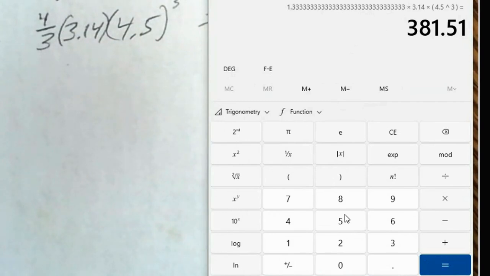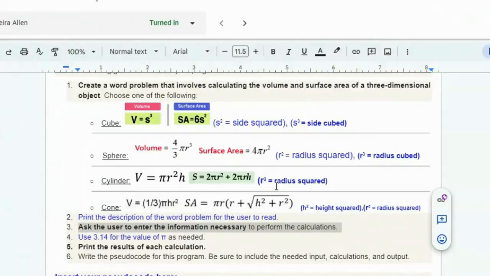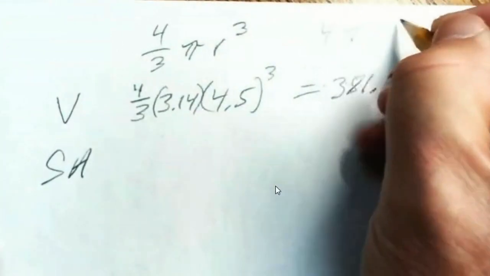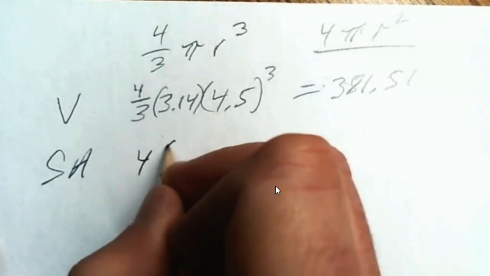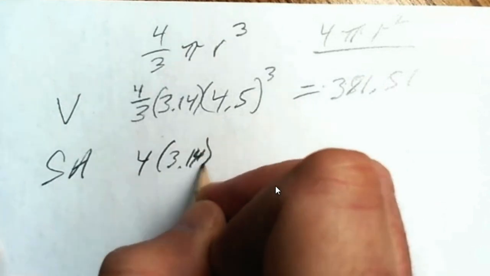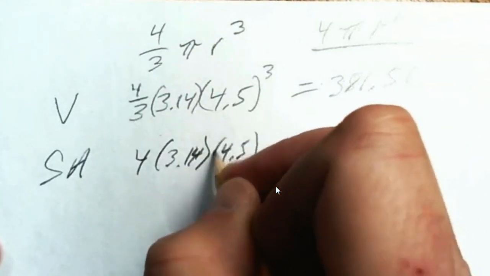And our surface area, let's check what our surface area formula was. 4 times pi times radius squared. 4 pi radius squared. So that would be 4 times 3.14 times the radius, which you put as 4.5 squared.